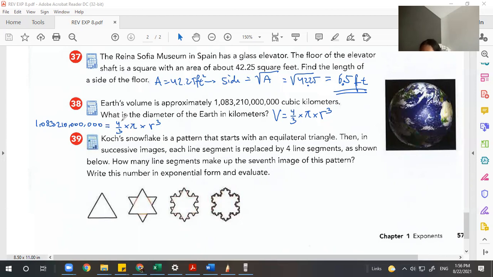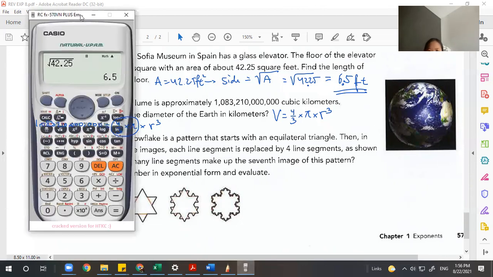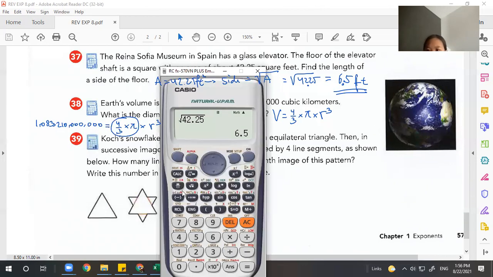So to find r cubed, you may use a calculator. Write down 1,083,210 and six zeros, and then divide by 4/3. Make sense? You move this to the left side, 4/3 times pi, so the pi will be here.